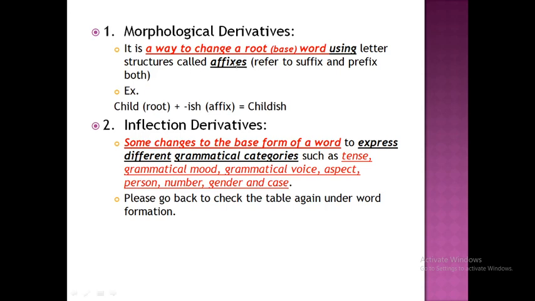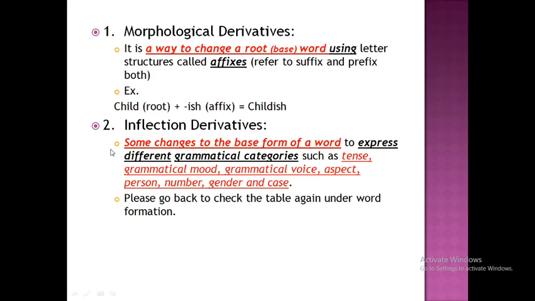For example, the word childish. The root word is child, and the affix we are adding to this root word is ish, and we get a new word with this combination, that is childish. This is the example of morphological derivatives.